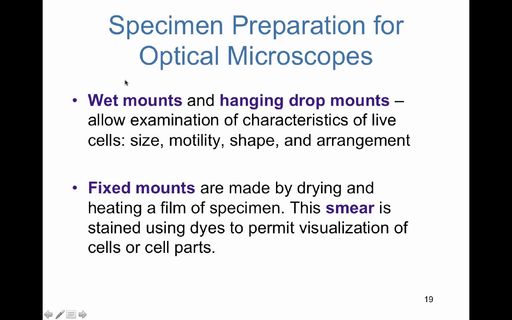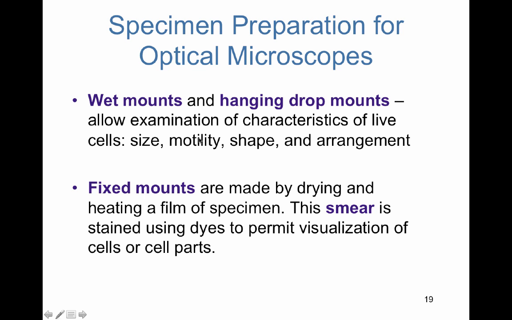For others, you can prepare what's called a wet mount or a hanging drop mount. This will allow you to look at live cells. The advantage here is that if you're able to put together a wet mount, you could look at the motility.